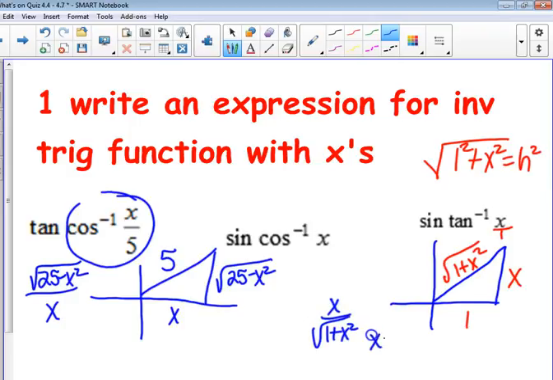So it would be x square root of 1 plus x squared all over 1 plus x squared. I don't think it's like that on the quiz. I think it might be like that on the retake, so if you do it right the first time, then you won't have to. Everybody okay? Do you need me to do the one in the middle or we good?